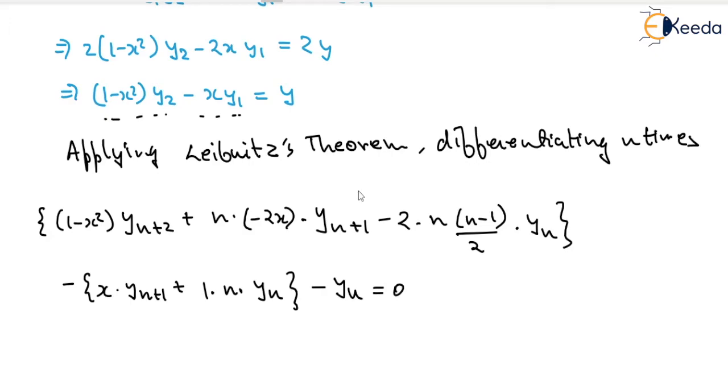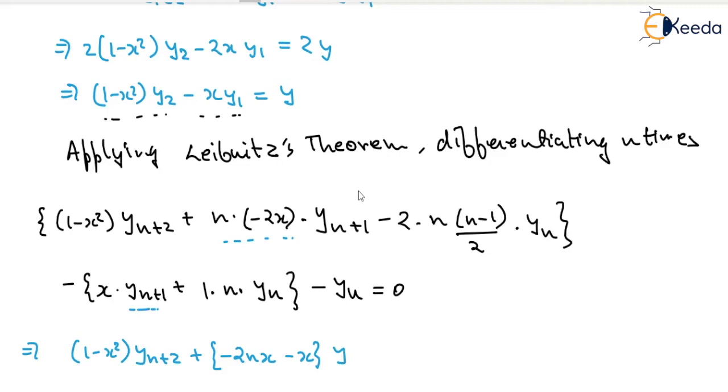Of course we can rearrange the terms as per the requirement, and we see for yn plus 2 we will have only one coefficient, which is 1 minus x square yn plus 2. For yn plus 1 we can have more terms, so let's write all those. Yn plus 1 will come from here, so this is minus 2nx. The another one comes from this term, so this is minus x.